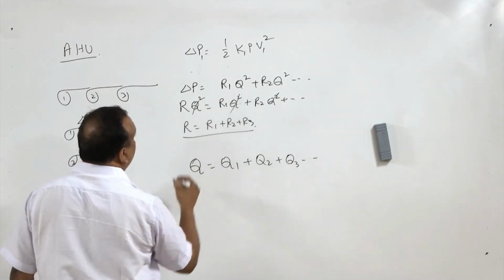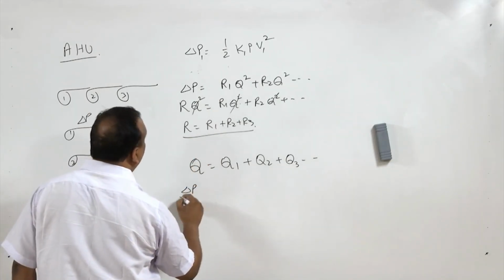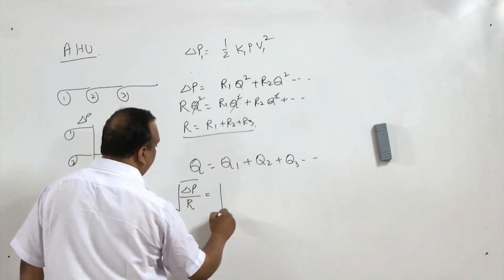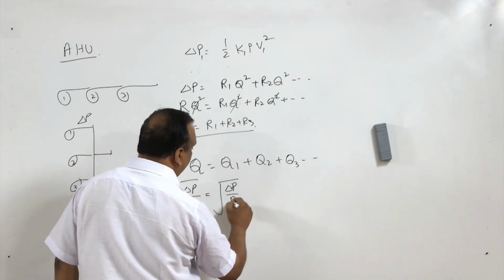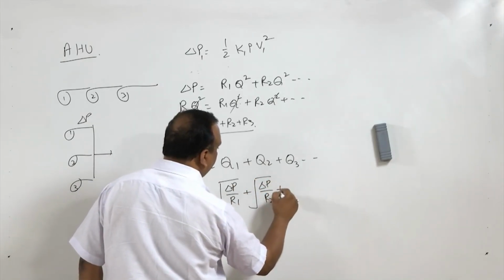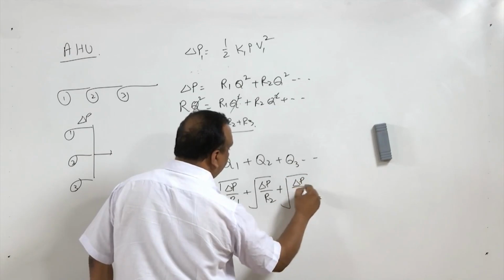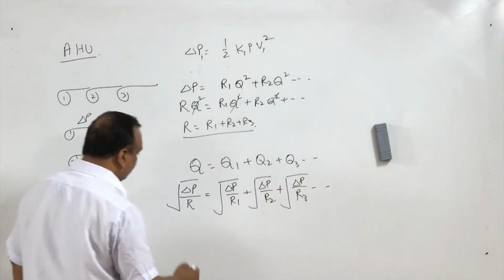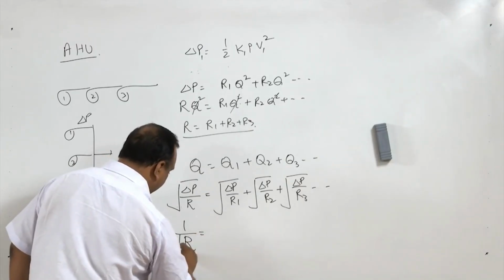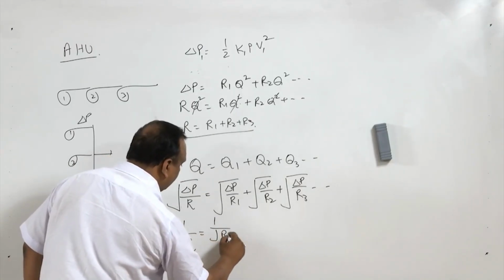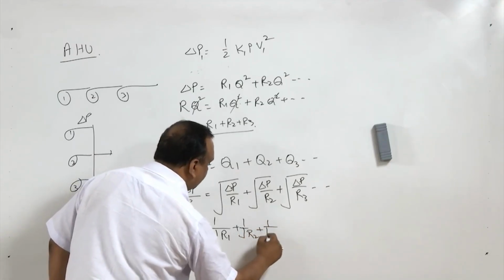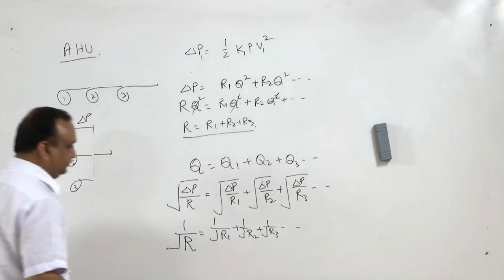Now Q, we know, is under root delta P upon R, which is under root delta P upon R1 plus under root delta P upon R2 plus under root delta P upon R3 and so on. So if they are connected in parallel, then the equivalent resistance will be such that 1 by under root R is 1 by under root R1 plus 1 by under root R2 plus 1 by under root R3 and so on.